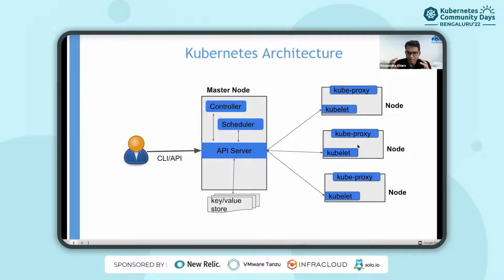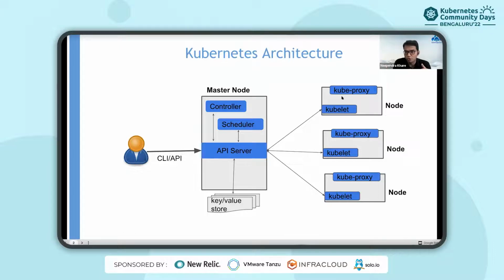Now, once my app gets deployed, I need to make sure that they are running all the time, correct? So for example, if one of the apps dies for whatever reason, then I need to bring one more up, because my desired state was 3. I said, deploy 3 copies for me in the beginning. That has been saved. Now the controller is the one responsible for making sure that at any point of time, my desired and current states are matching.